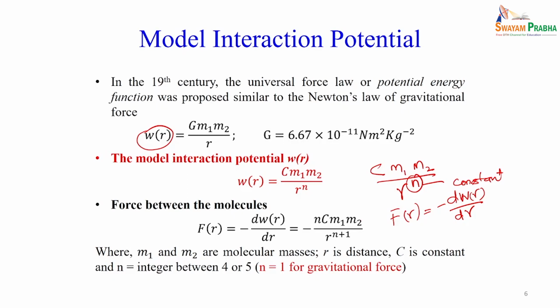Now, depending on the value of n in this equation, if I put n is equal to 1, then Fr will be minus C m1 m2 upon r square.